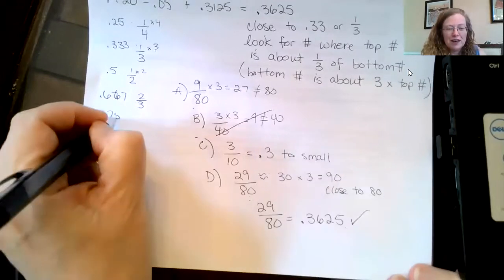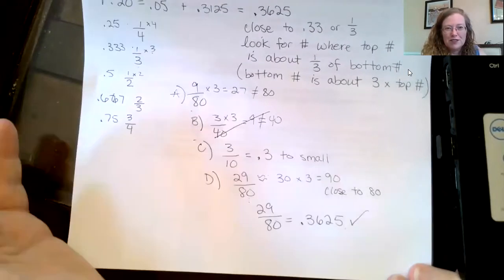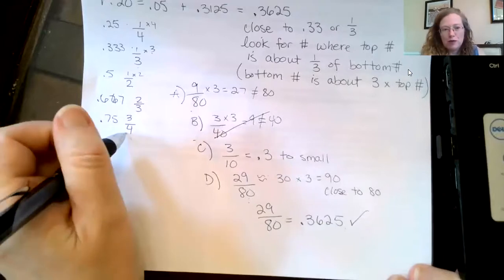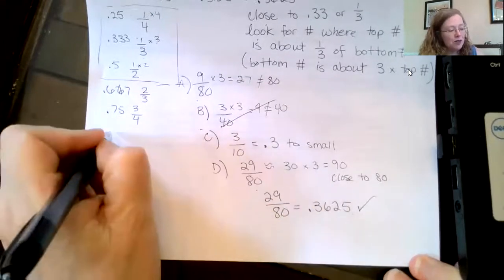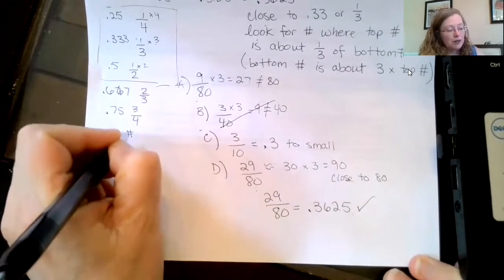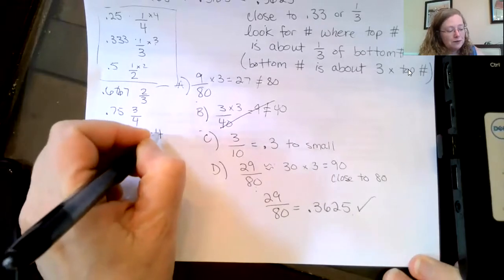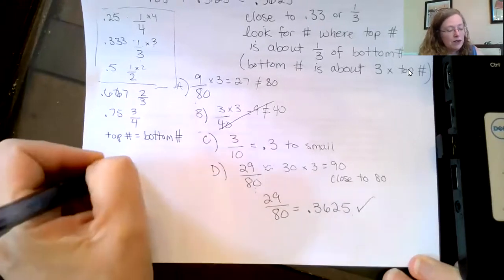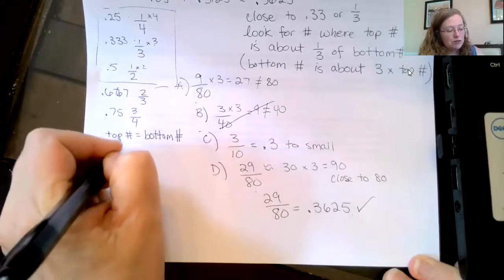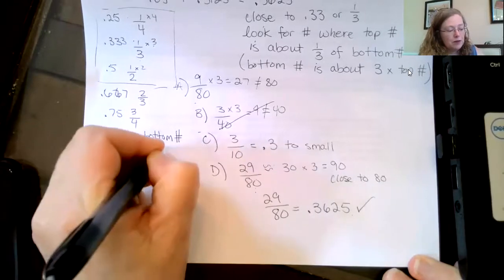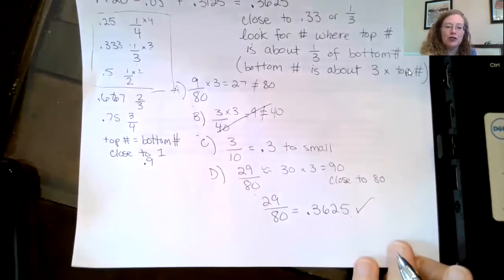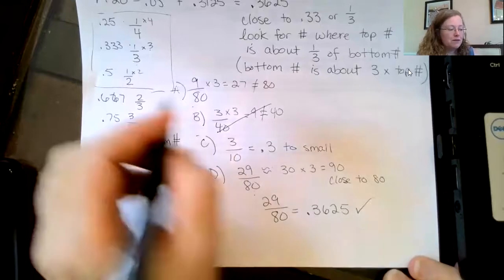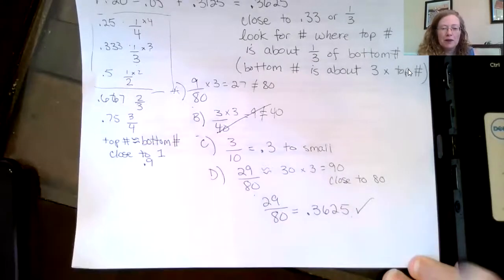So if I have something like that, again, I might see if it's close to this relationship of 3/4. But these 3 are definitely some of my easiest ones. And then again, if it's close to the top number equaling the bottom number, then you're going to be close to 1, maybe something like 0.9, 0.8, something like that. You'll know your top number will be about the same as the bottom number.